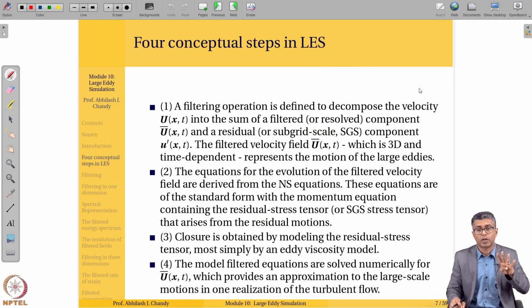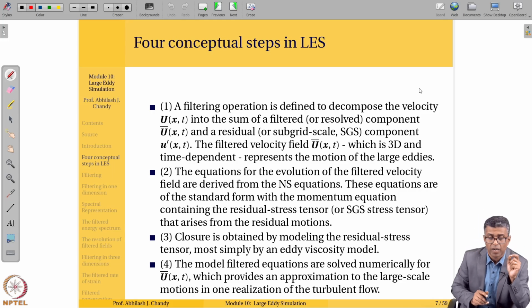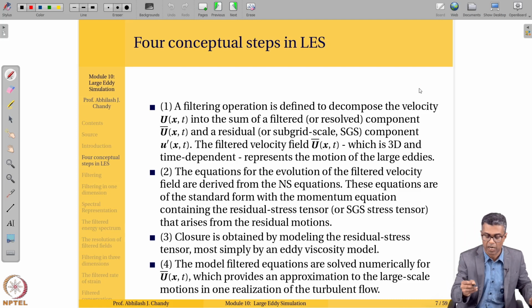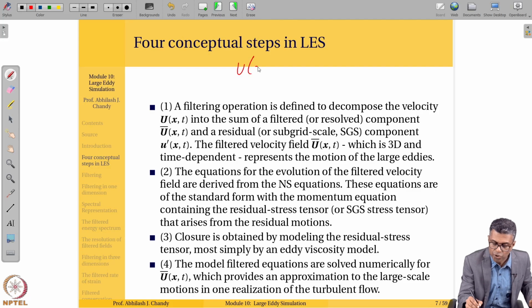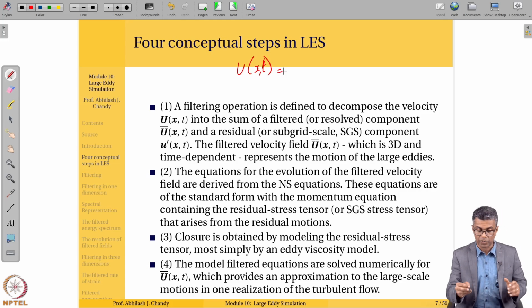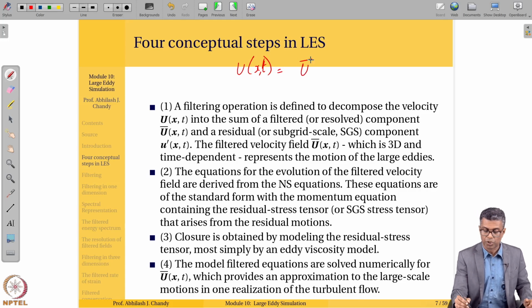So there are 4 conceptual steps in LES, and this is very important. The first step is related to a filtering operation which is defined in order to decompose the velocity U into a sum of a filtered component or a resolved component and a residual component or a subgrid scale component. So essentially U of x,t is decomposed into, just like we did the Reynolds decomposition, U bar.